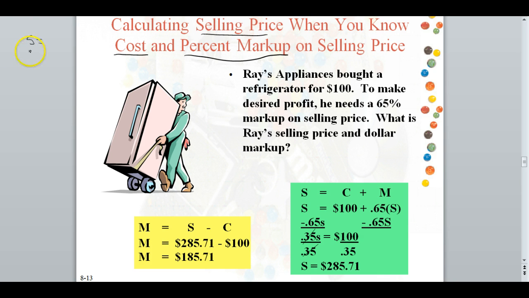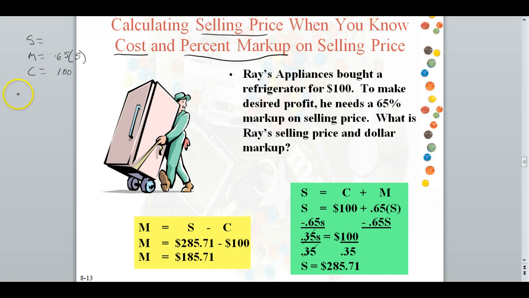Our selling price, our markup, and our cost. Our selling price, we don't know. Our markup, he needs 65% markup on the selling price. So we don't really know the selling price in dollars, but we do know that it's 65% of the selling price. Our cost is $100 again.